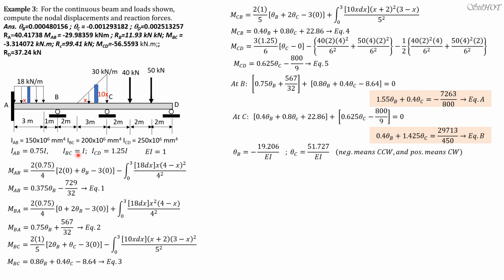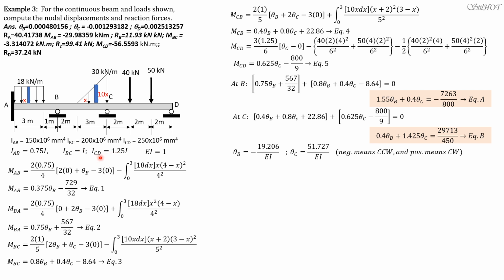Our EI is E, 200,000 megapascals times I, which is 200 times 10 to the 6. This is our reference I. So that would be converted to kilonewton meter square. 200,000 times 200 times 10 to the 6, that would be Newton millimeter square.